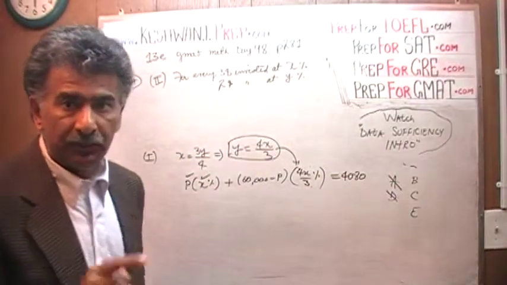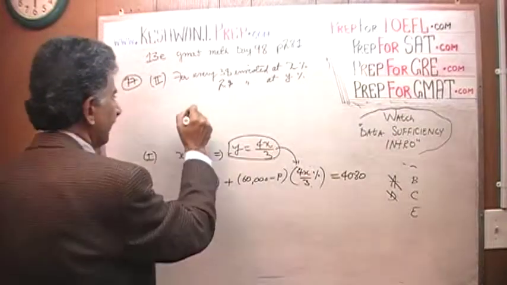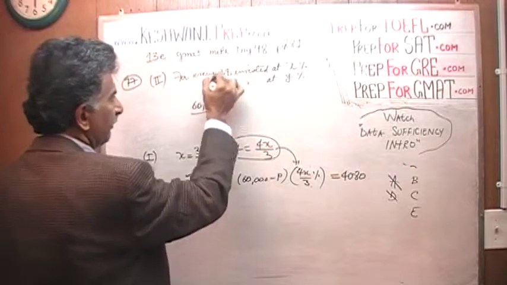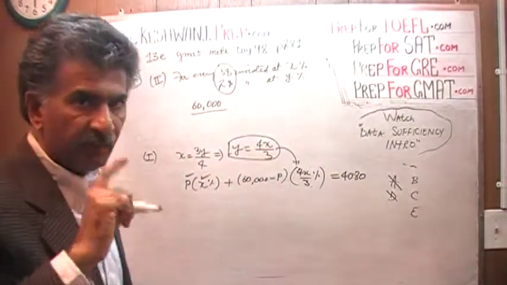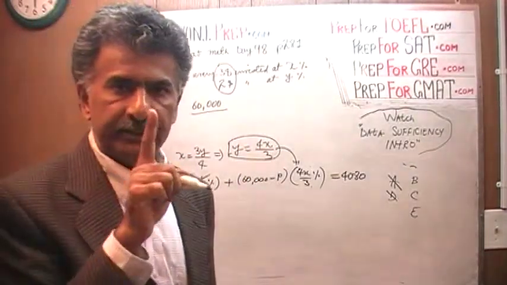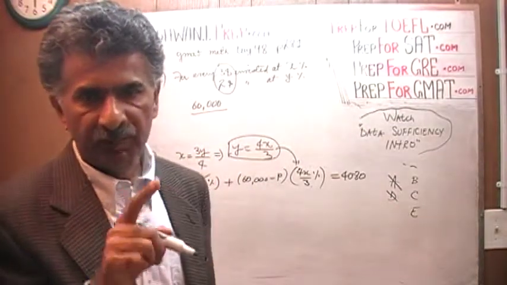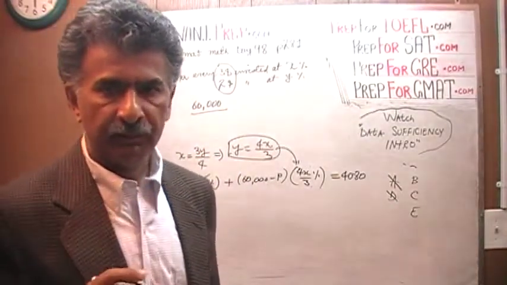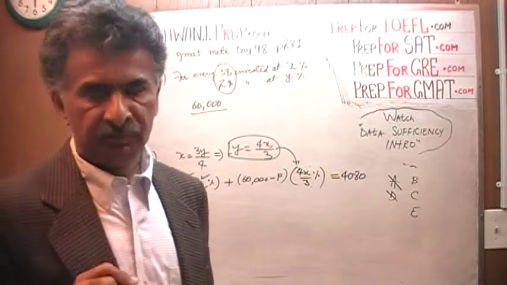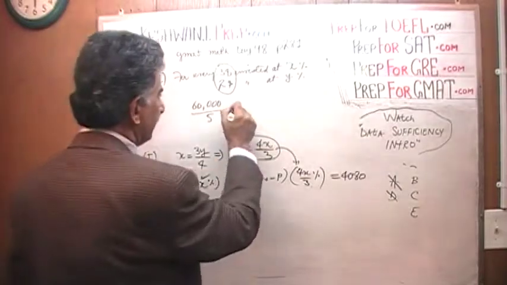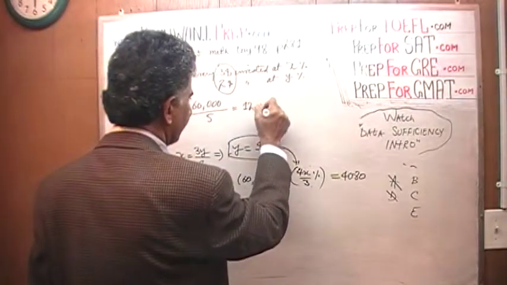That makes 1 unit of 5. Since this is $60,000, and it is made up of units of $5, for every $3 that you invest at X%, you want to invest $2 at Y%. That's how you want to split it. That's how you want to diversify it. So 1 unit is made up of $5. If you divide 60,000 by 5, we will find that 1 unit represents $12,000.